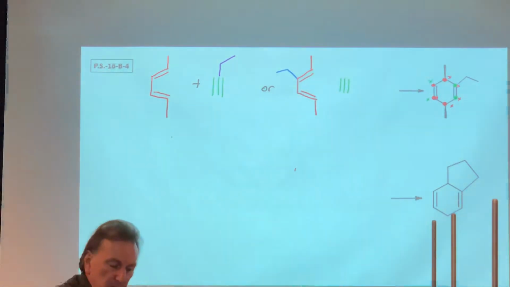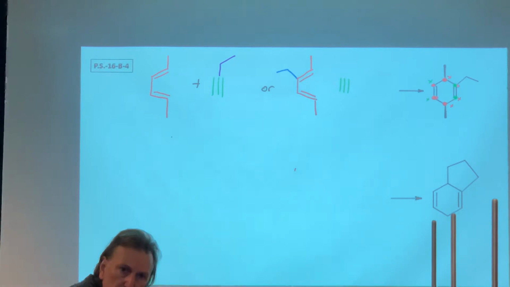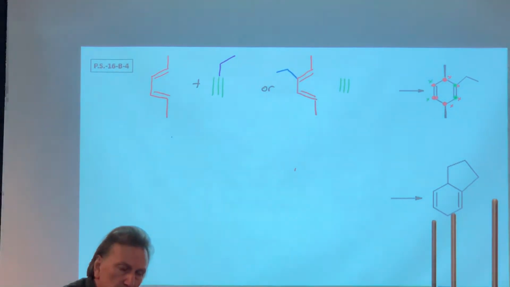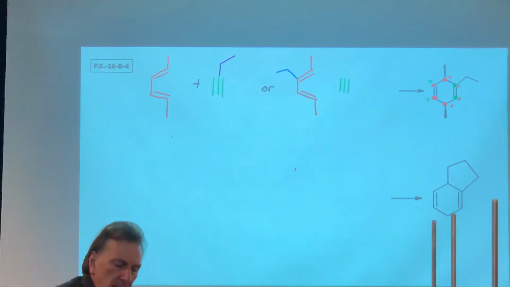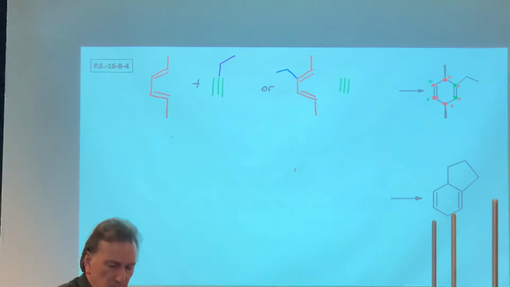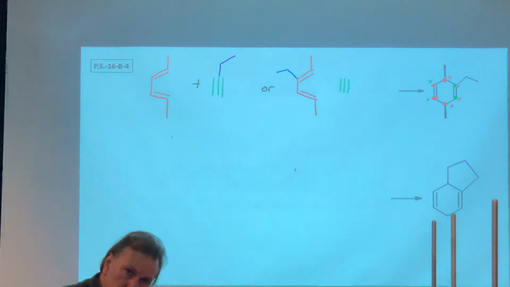Don't you agree that's another possibility? Yes? Does it matter if the substituents are facing inward? It doesn't. We're going to get to the substituents, but I'm saying the backbone. Do you agree that this is one possibility, both possibilities are feasible, right?